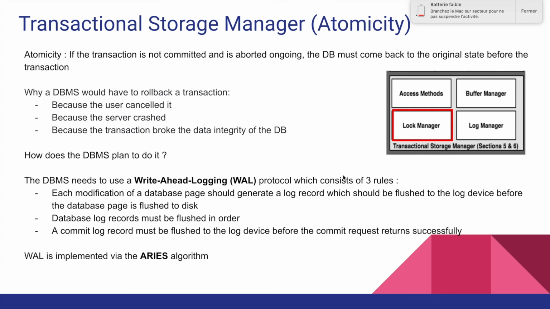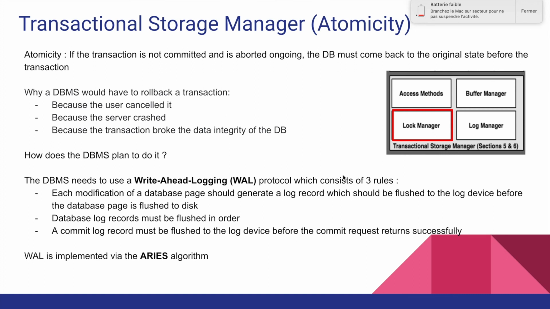Secondly, the database log records must be flushed in order. And lastly, concerning the transaction commit request, a commit log record must be flushed to the log device before, and that's again very important, before the commit request returns successfully. The actions of a committed transaction can be redone after a system crash if they are not yet in the database.